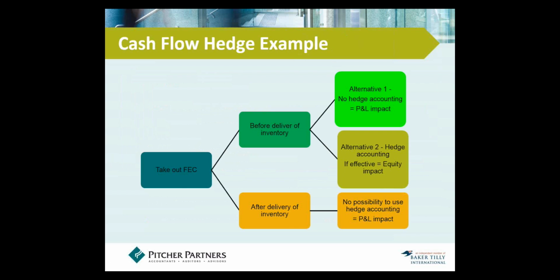You can take out your foreign exchange contract before the delivery of the inventory or after the delivery of the inventory. If it's before the delivery of the inventory, my first alternative and my first example is we don't apply hedge accounting. Maybe we don't have the documentation in place, or we're not fast to apply hedge accounting. So alternative one, I want to show you the numbers if we don't apply hedge accounting.